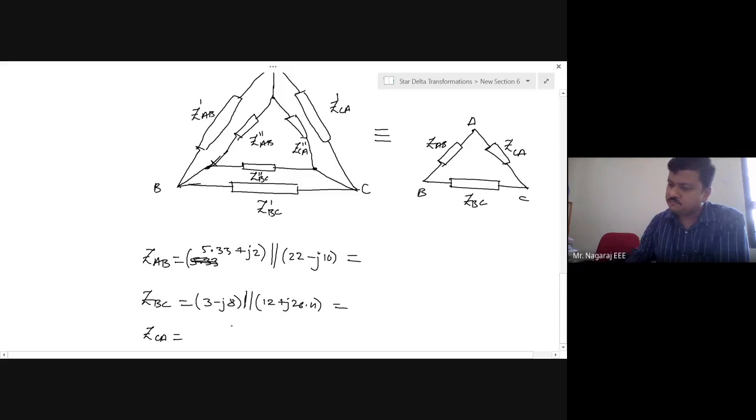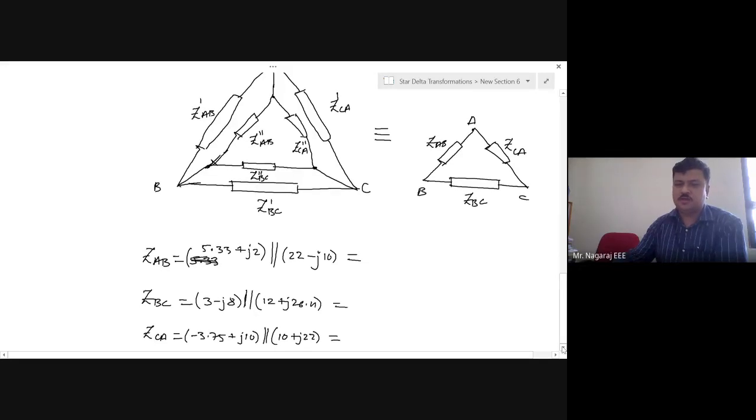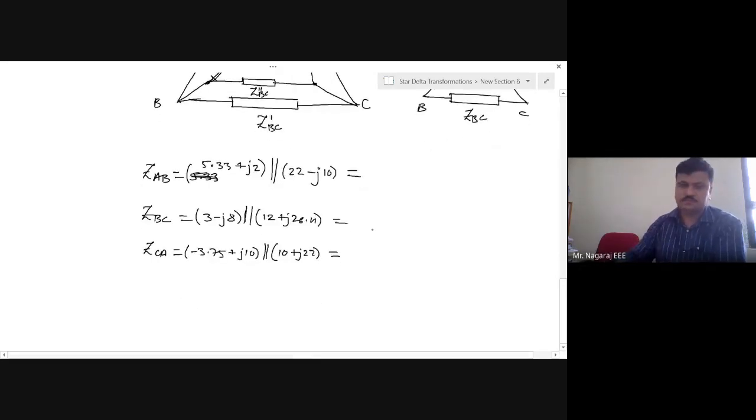ZCA is minus 3.75 plus J10 in parallel with 10 plus J22. Yes, please calculate and tell the answer.